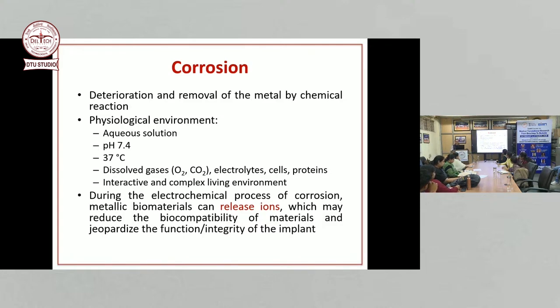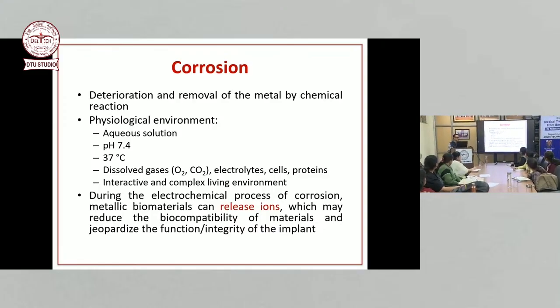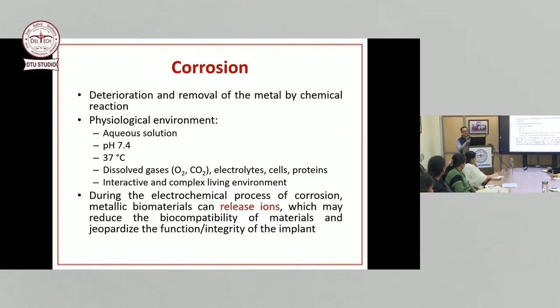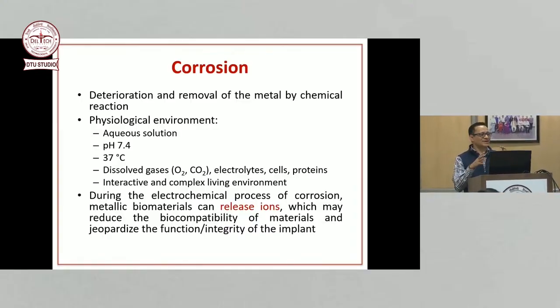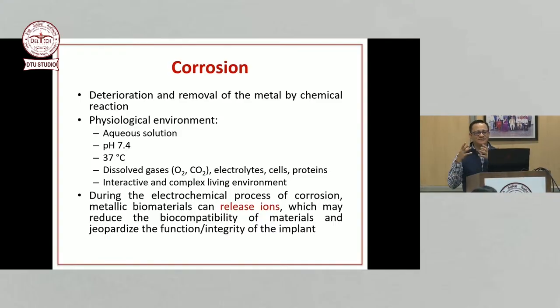But also, I think you know this, whenever we are testing all these biomaterials and implants, we want to test them in conditions as similar to the body conditions as possible, right? So we want pH of 7.4, we want 37 degrees Celsius when we are testing these materials.